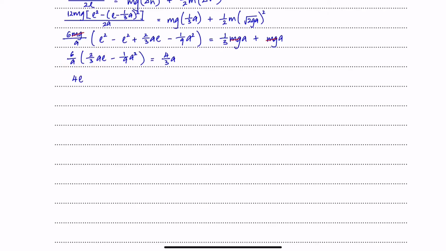So we have 4e minus 2 over 3 a equals 4 over 3 a. So 4e would be equal to 2a, and e would be half a. And this would be the final answer.